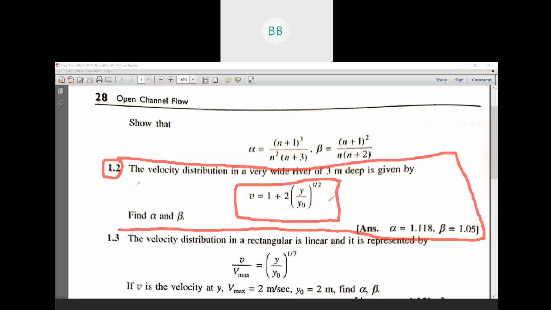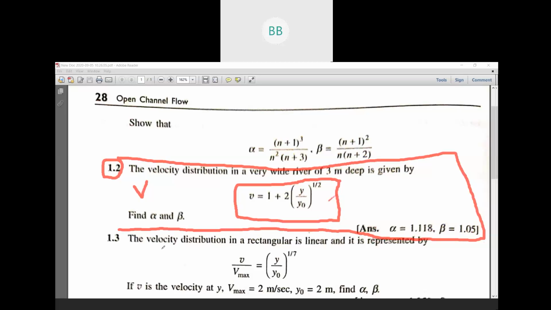You need to find out alpha and beta. So to find alpha and beta, we have to find out the average velocity first. Then only we can find out alpha and beta.